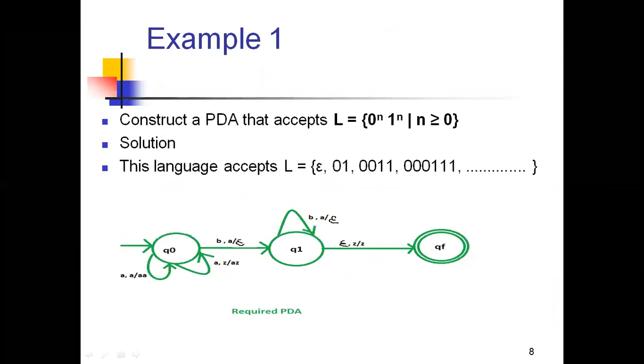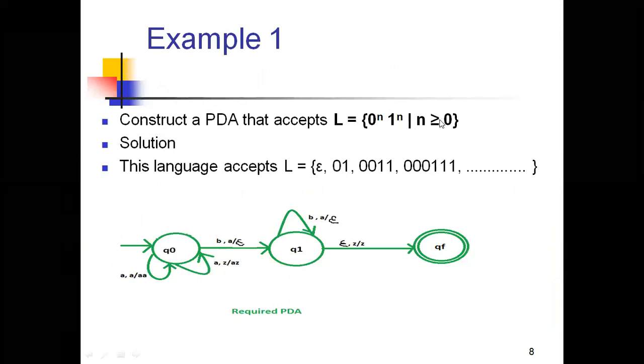And let's see with an example. Construct a PDA that accepts L equal to 0 power n 1 power n, where n is greater than or equal to 0. So here we have a solution for this. The language should accept 0 power n 1 power n, with the condition n greater than or equal to 0.